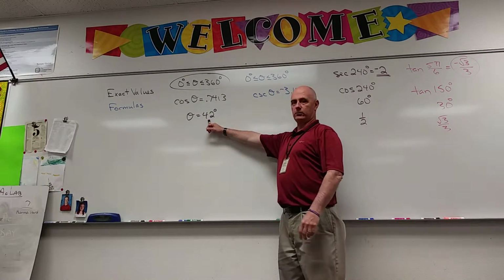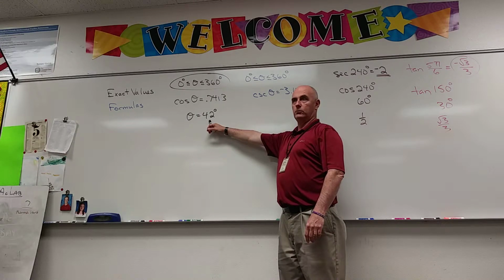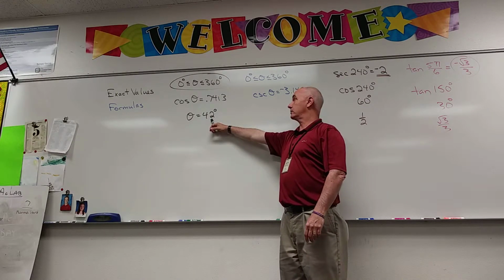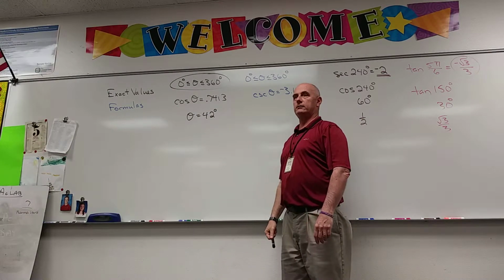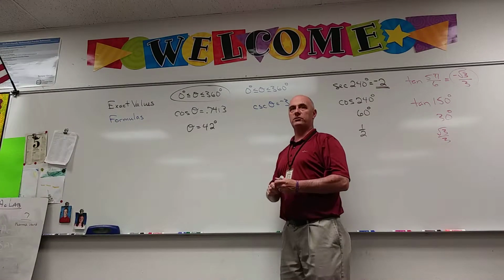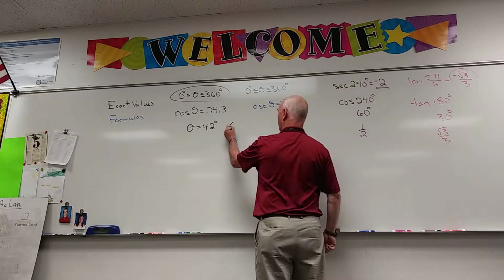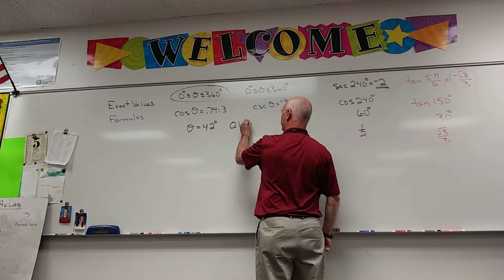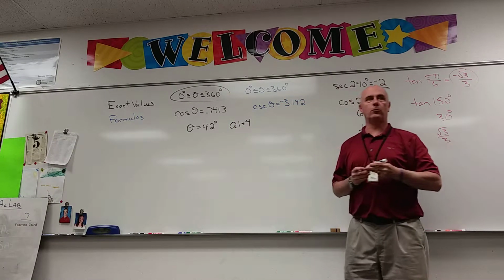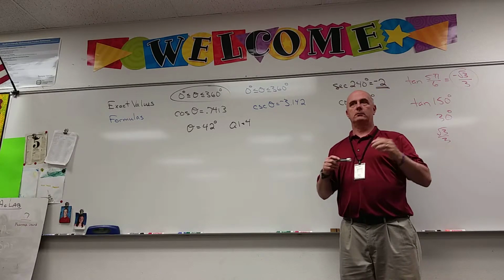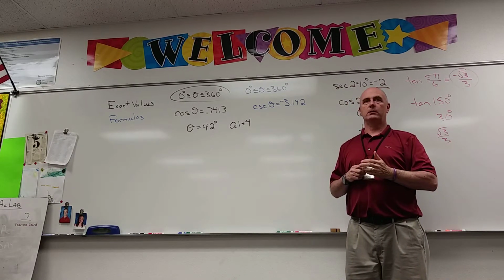What did we find here? We found the reference angle. This is the reference angle. We want to put it into quadrants 1 and 4, because in 1 and 4 is where cosine is positive.